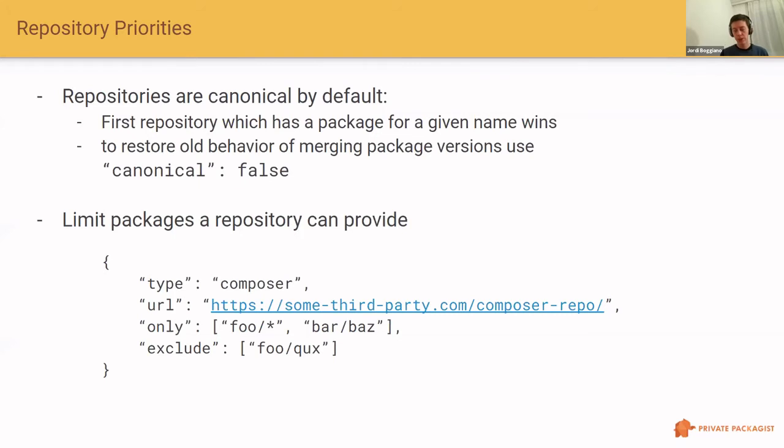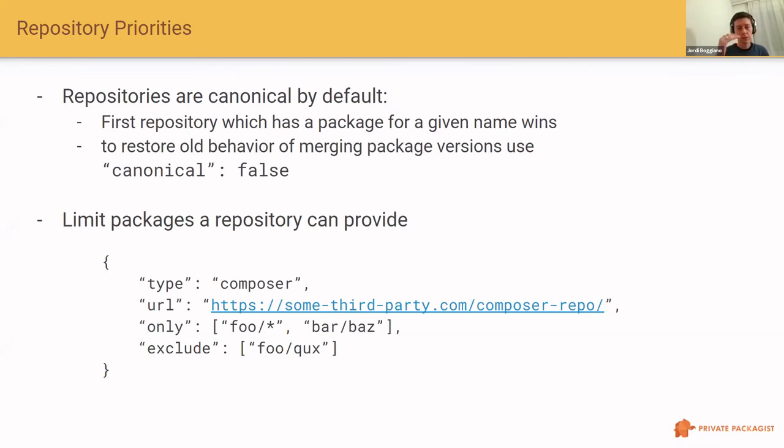Another big change actually is that repositories are now canonical. What this means is that the first repository in which a package name is found will win, and then it will stop looking.